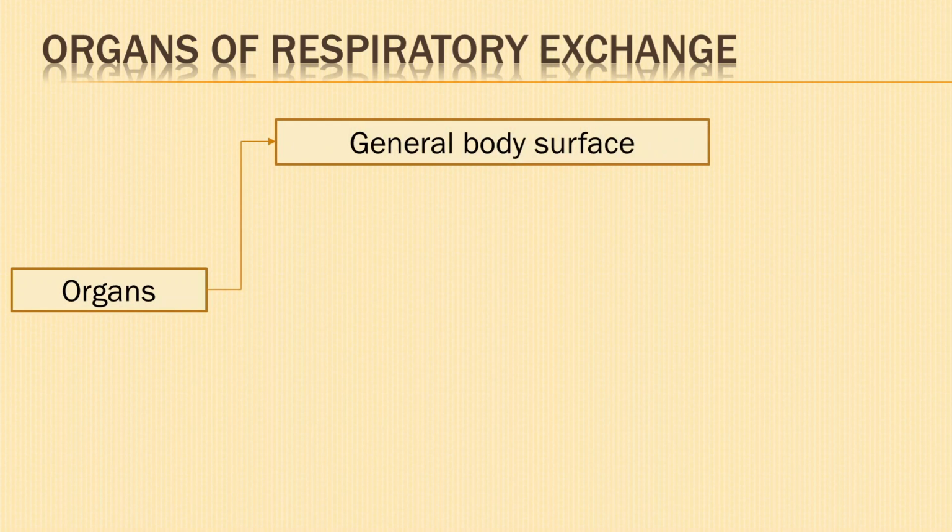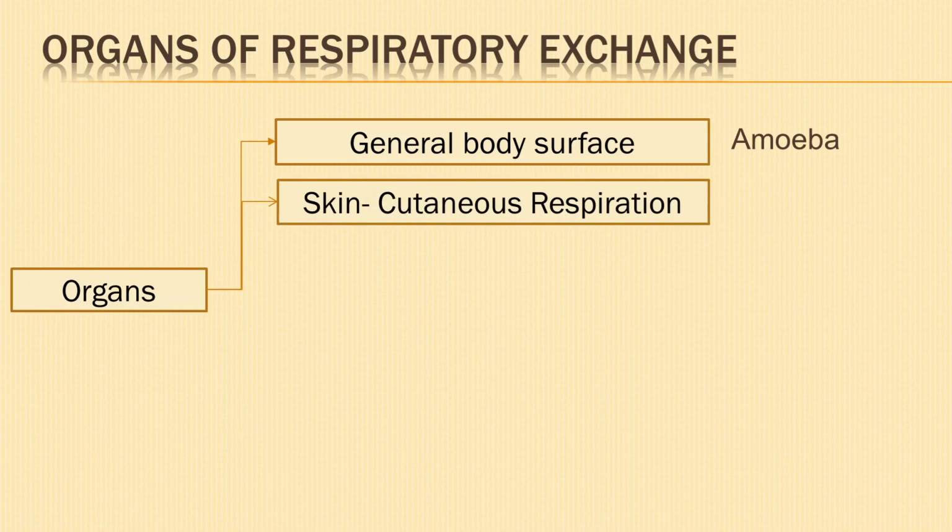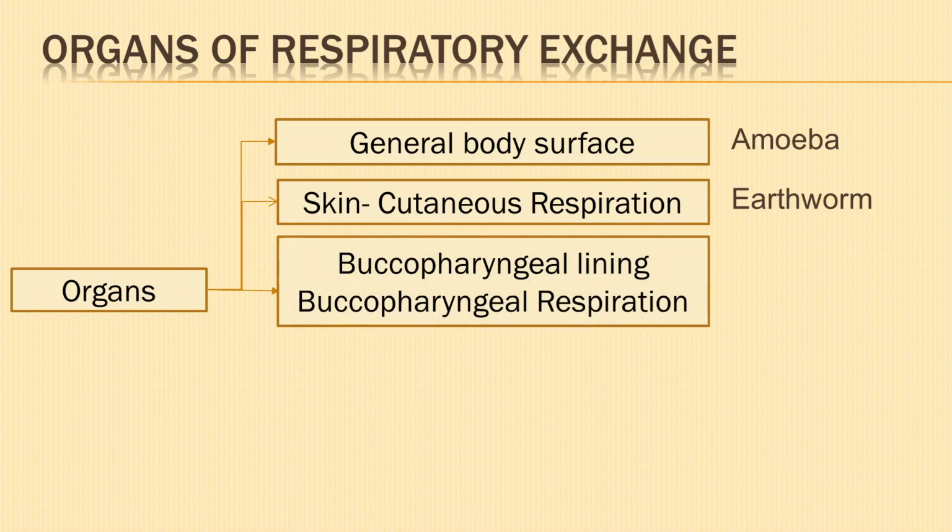Next, we come to the organs of respiratory exchange in various animals. They are general body surface as seen in amoeba, skin cutaneous respiration seen in earthworm, through buccopharyngeal lining known as buccopharyngeal respiration seen in frog.